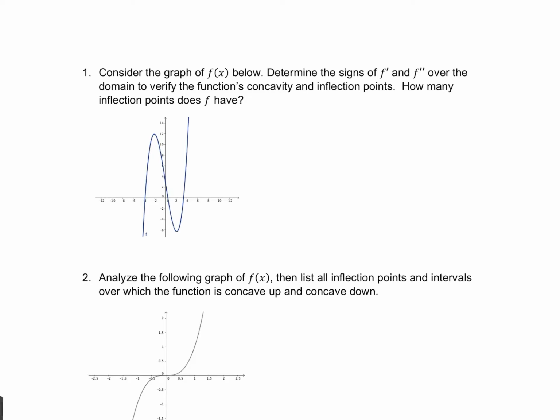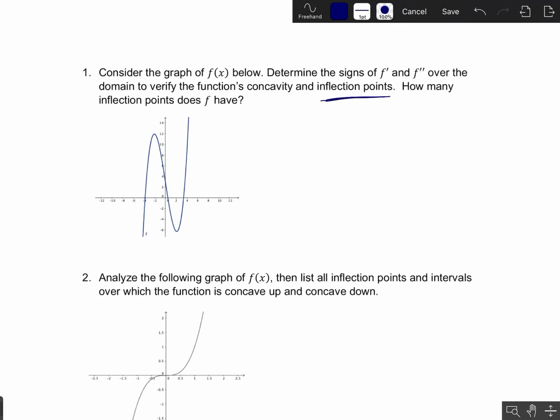So the concavity we've already talked about. The inflection points are just the places where the concavity changes. So if there's a place where the function changes from concave up to concave down or vice versa, that'll be an inflection point. Okay, so first, let's just talk about the signs of f prime. So f prime is going to be positive. Remember, that just means that the slope on the tangent line is going to be positive.